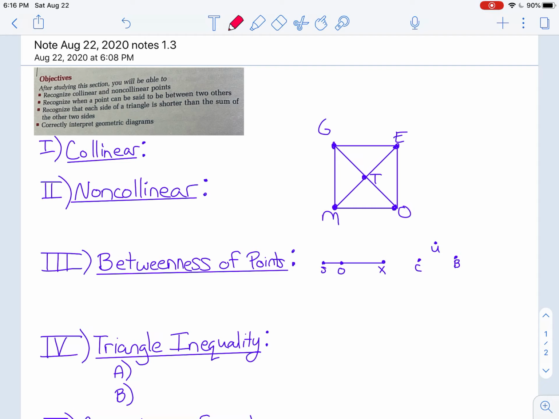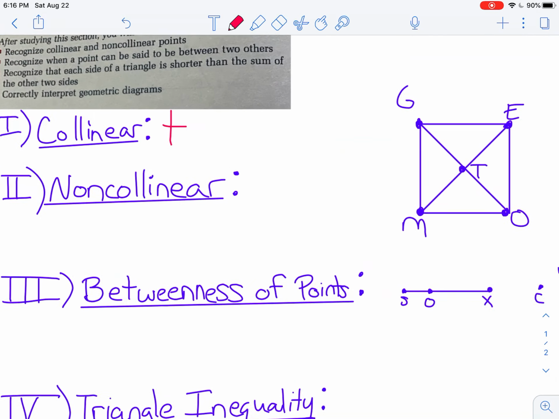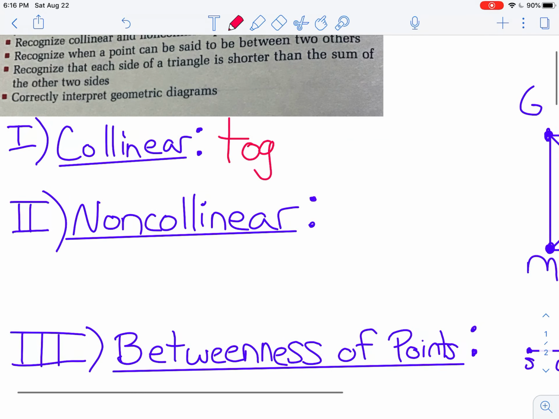So to start with, we're going to talk about collinear. So there's that prefix of co in there, okay? Co means together, and linear means line. So that's exactly what it means. Together, on the same line.